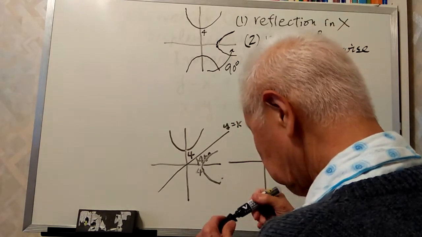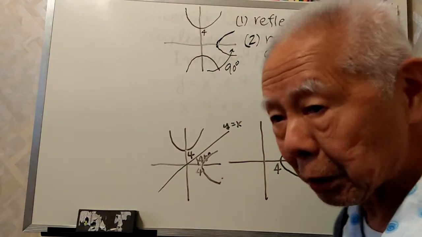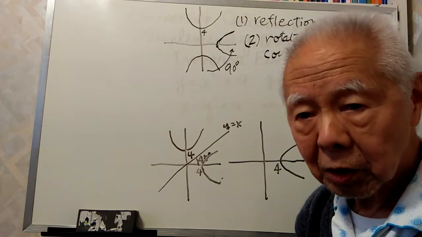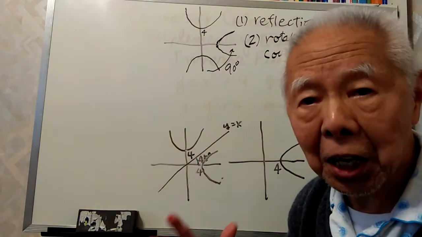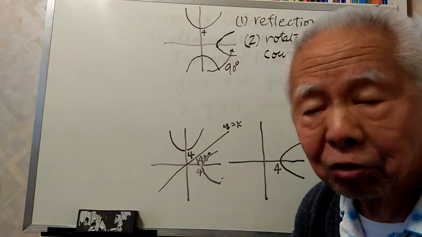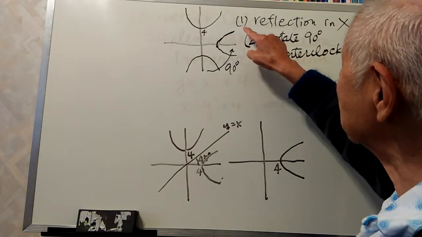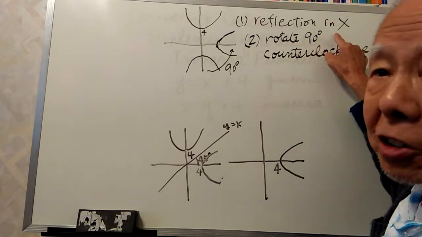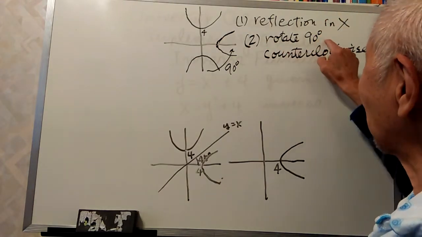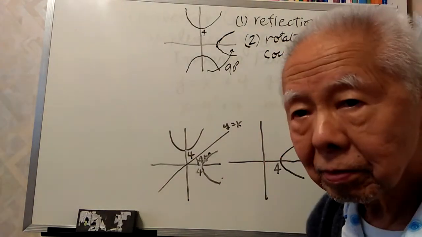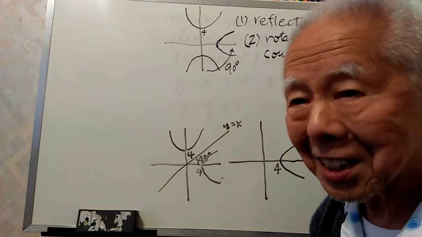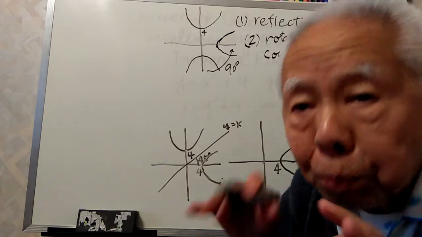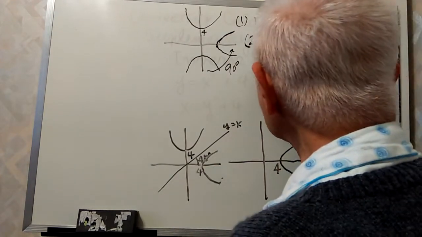So this is the question, the supplementary question. This question suggests that you can get the same inverse graph by doing two steps, reflection in x-axis and rotate 90 degrees counterclockwise. And the question is asking us to prove it. Prove this.